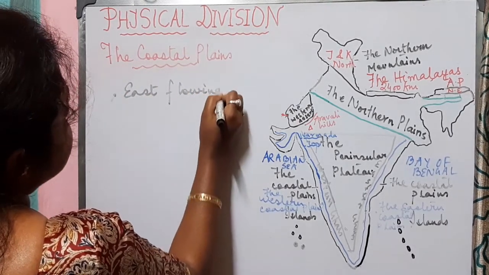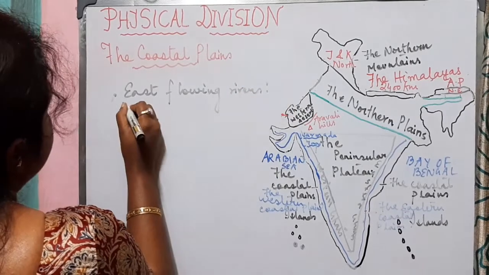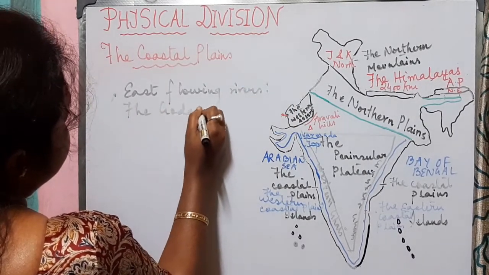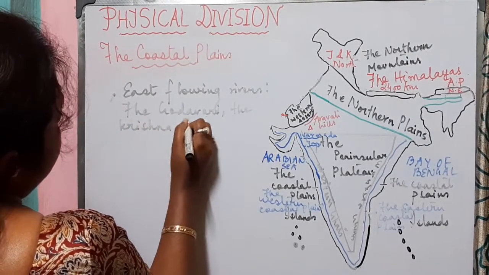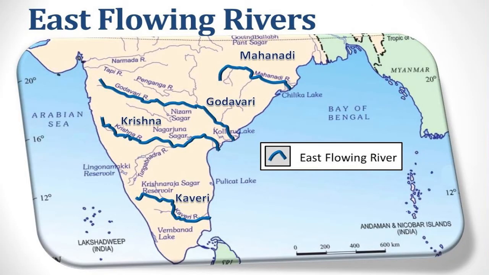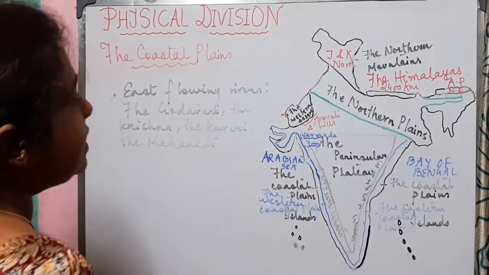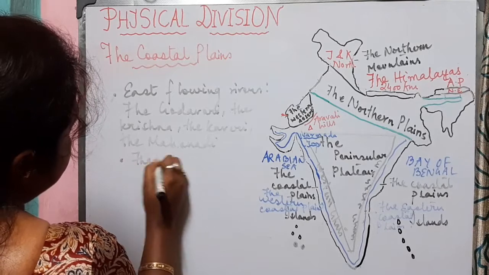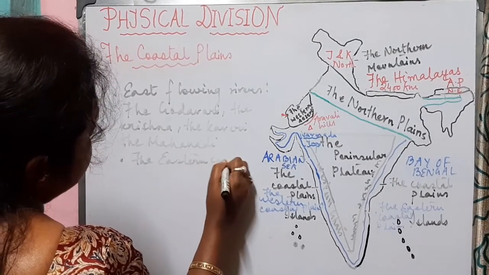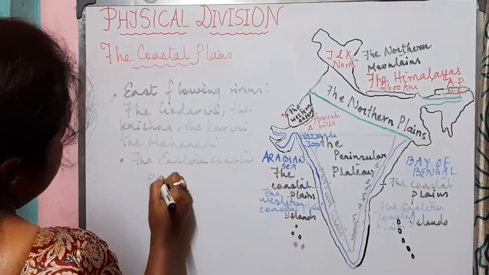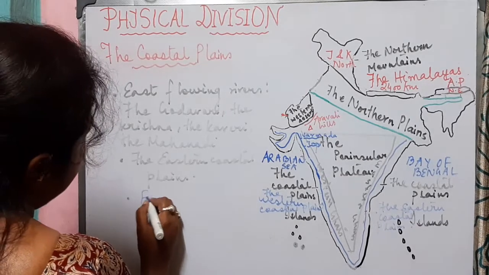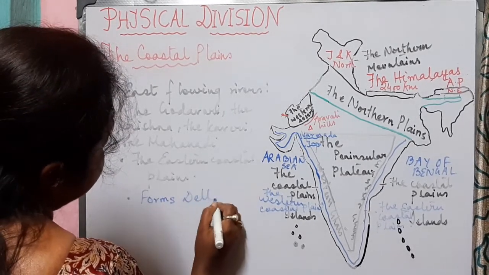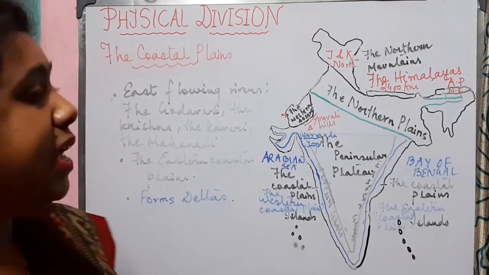We have already discussed the east flowing rivers like the Godavari, the Krishna, the Kaveri, the Mahanadi, which flows through the eastern coastal plains, and they form deltas. Now let us know what we mean by deltas.